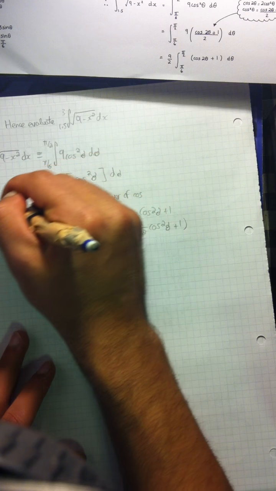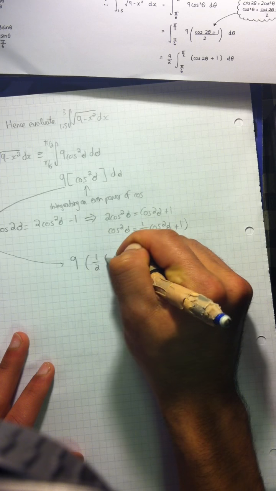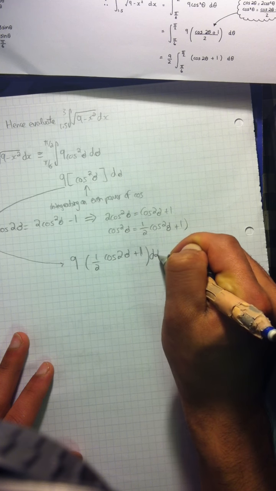So this is going to become 9 times a half of cos 2 theta plus 1 d theta. Now remember, we still have the integral here, pi over 2, pi over 6. Now I can integrate this entire thing. But first what I'm going to do is take out the half and take out the 9. So it becomes 9 over 2, pi over 2, pi over 6, cos 2 theta plus 1.